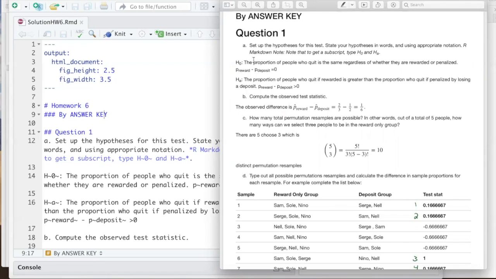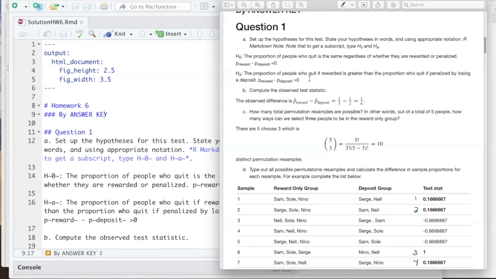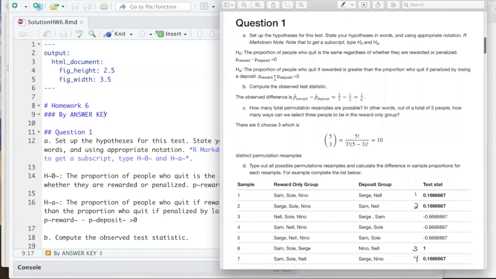So in that case, we were comparing two proportions. Notice here we would use p with some descriptive subscript. So here we have p reward minus p deposit is 0, against p reward minus p deposit is greater than 0. People were stating them fine in words, just be sure you have the right notation.